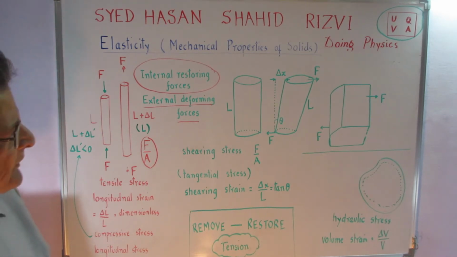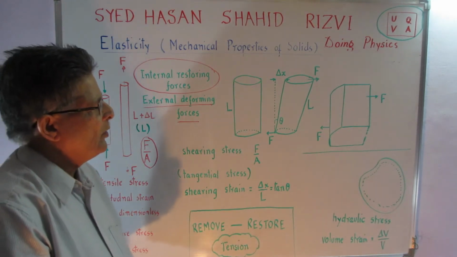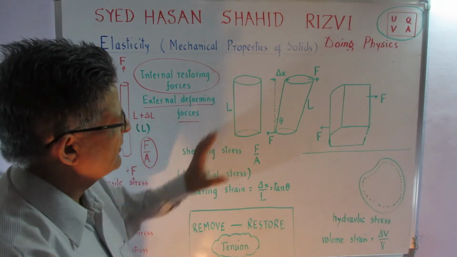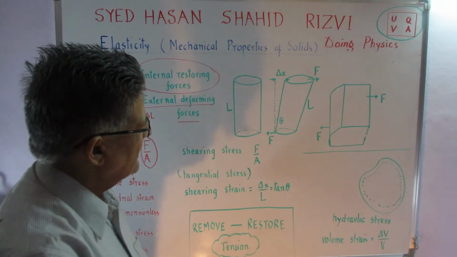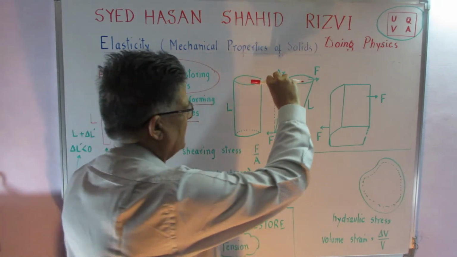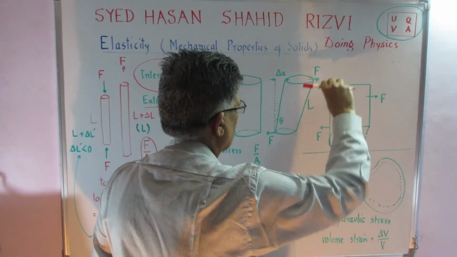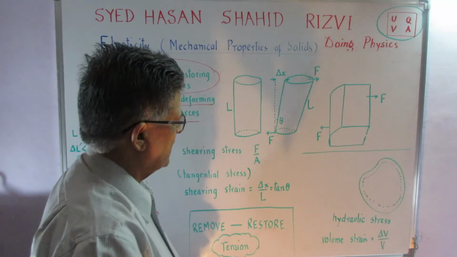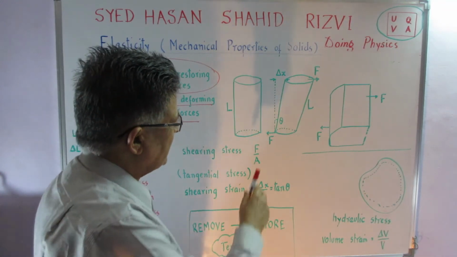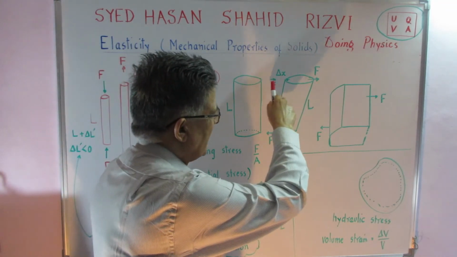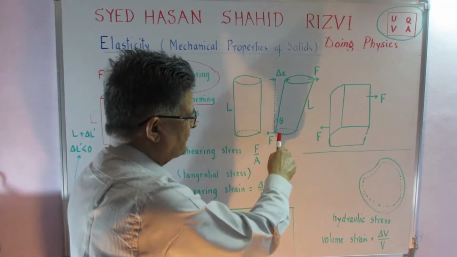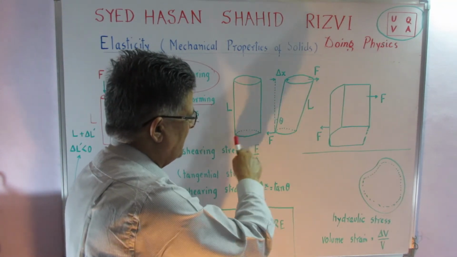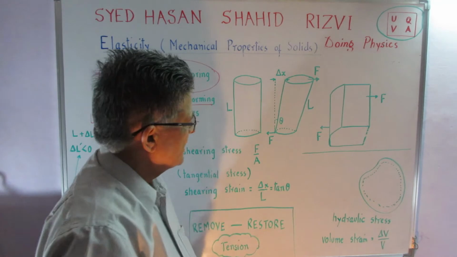In the second kind of deformation, I've taken a cylinder over here and I'm applying a force in this direction, on one face of it. Okay, so what happens? There is a lateral deformation, and of course this is held in this position.